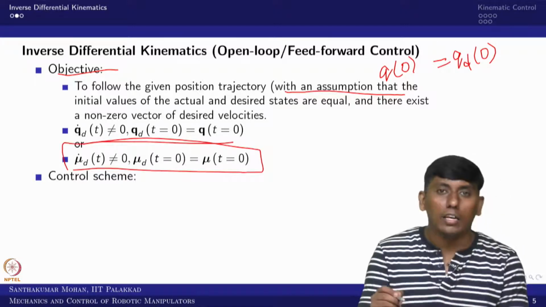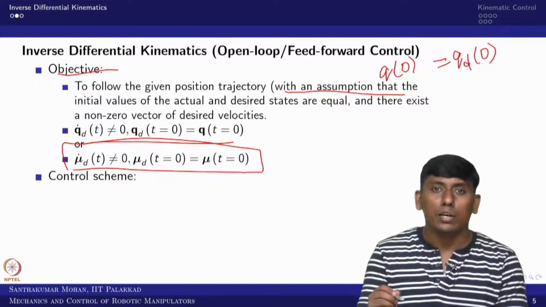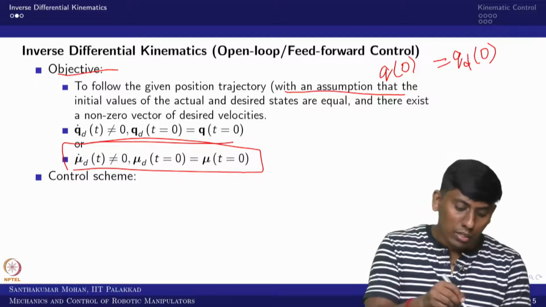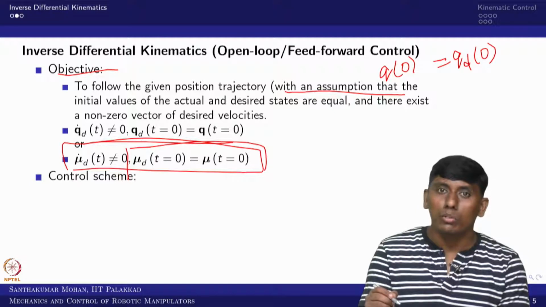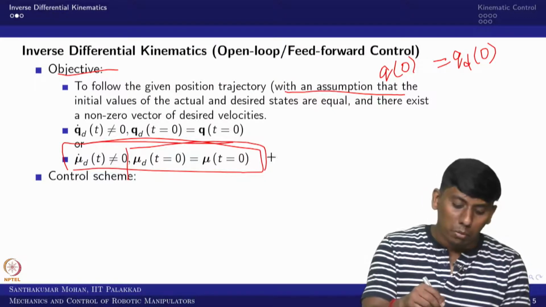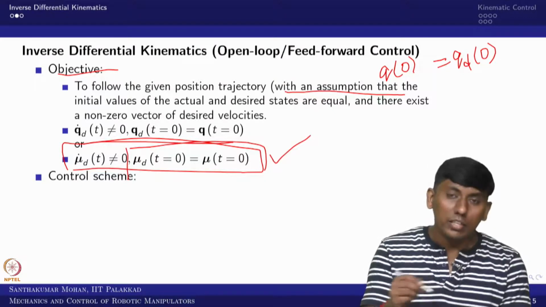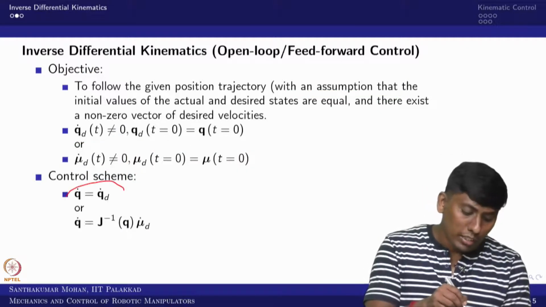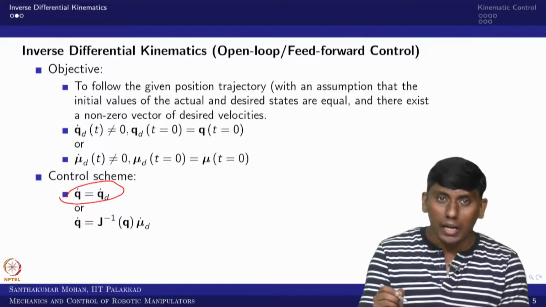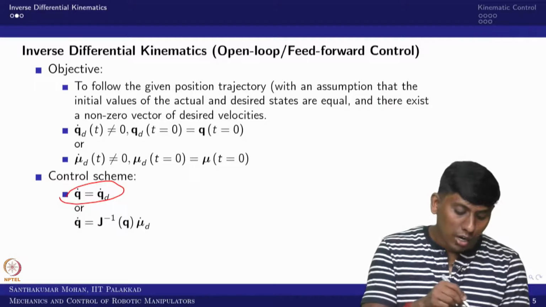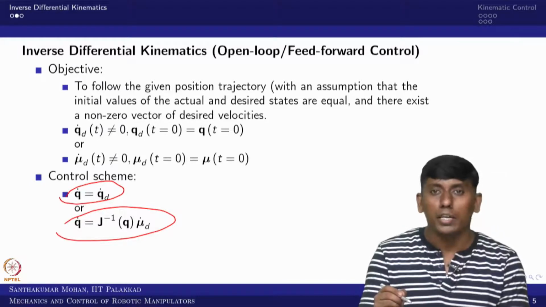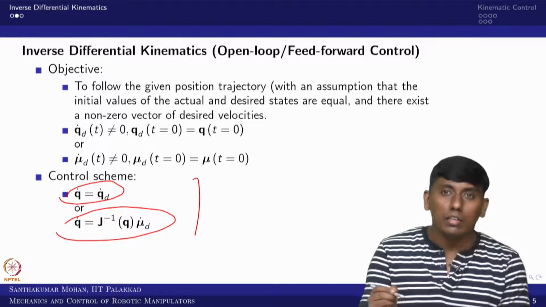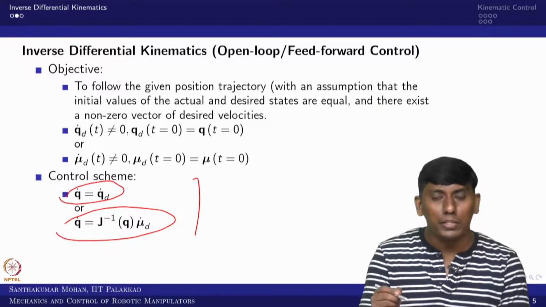If it is in the task space, mu desired dot is supposed to be non-zero, and mu desired at t equal to 0 and mu at t equal to 0 are both supposed to be equal. If that is the case, the control law can be written directly: q dot equals J inverse of mu desired dot. This is what you call inverse differential kinematics.